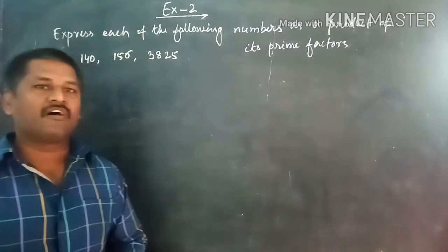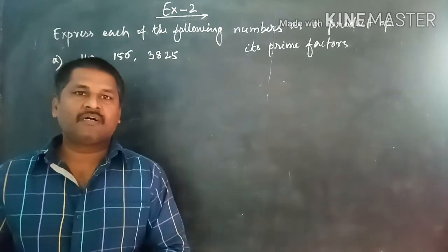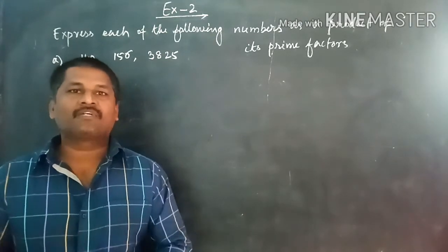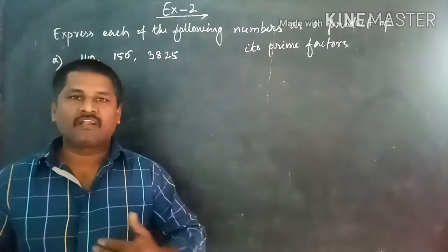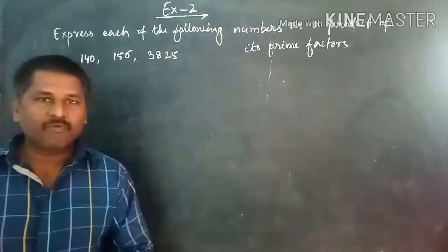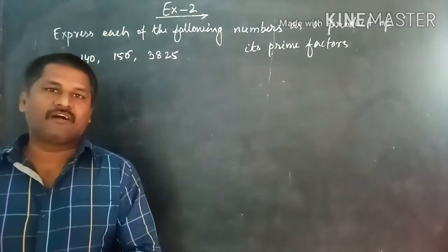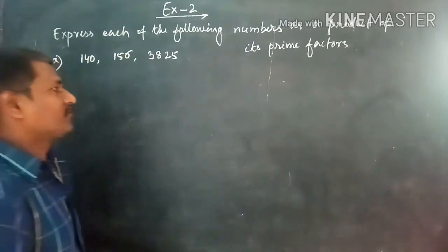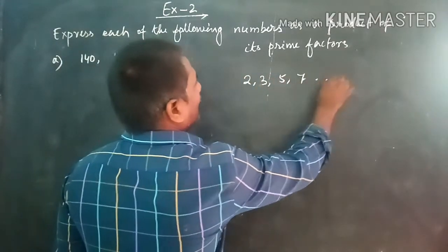As you are aware, what are the prime numbers? A number which has only two factors, 1 and the number itself, is called a prime number. For example, 2, 3, 5, 7, and so on.